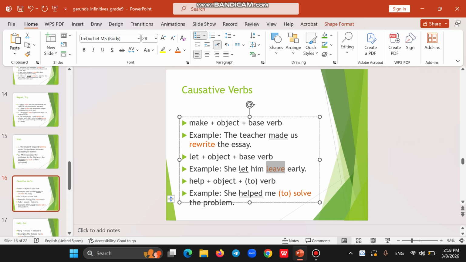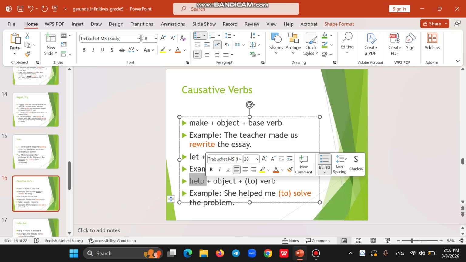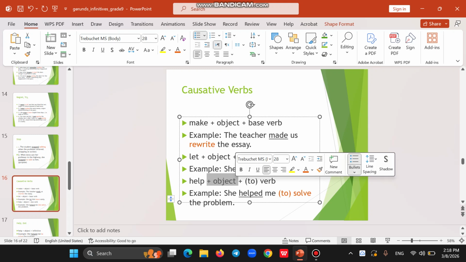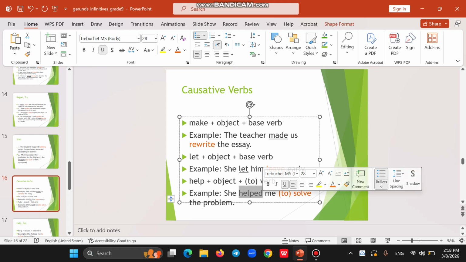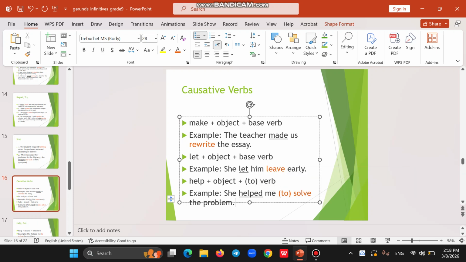The third one is the verb help, followed by an object and to plus verb. Here it means infinitive, okay? So, for example, she helped me to solve the problem. So after the causative verb help, we can use an infinitive, not a gerund.